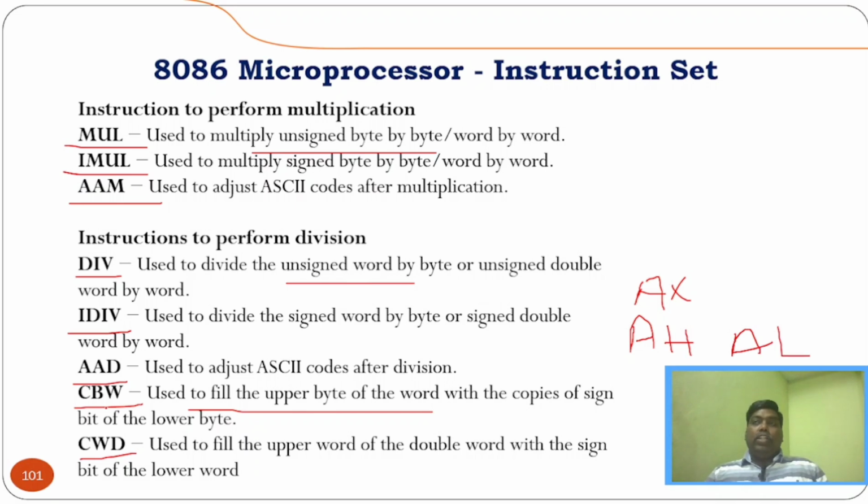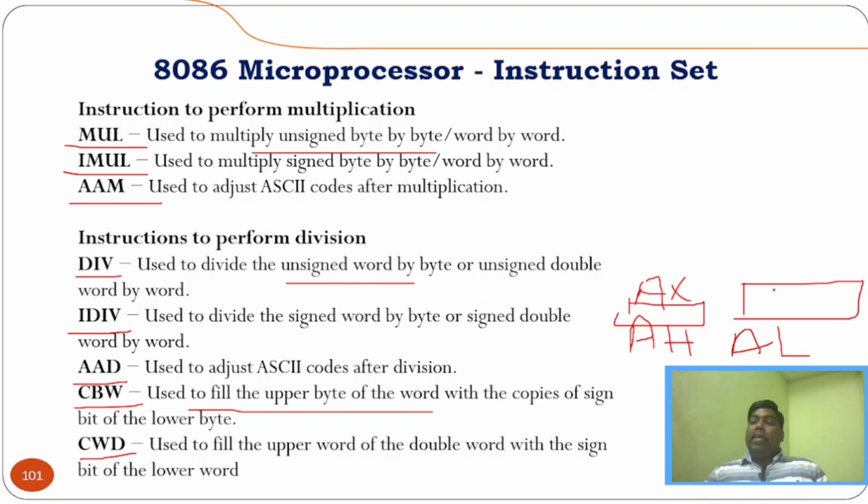And when you execute this CBW, it will extend the sign bit. Say for example, if AL has some content and AH has no value, it will extend the sign bit of AL, the lower byte, to the higher byte.